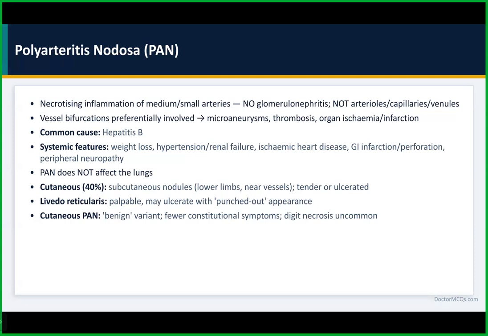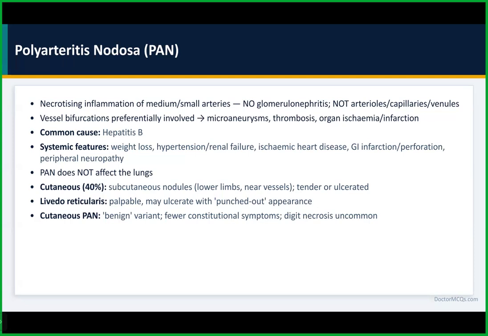Most specifically, it can involve almost every major organ of our body. Peripheral neuropathy can be there. One important thing we read earlier: in most small vessel vasculitis the lung is also affected, but PAN is the only one in which there is no renal or lung involvement. Mostly the heart and GI are involved.